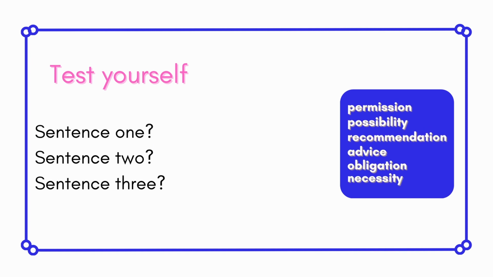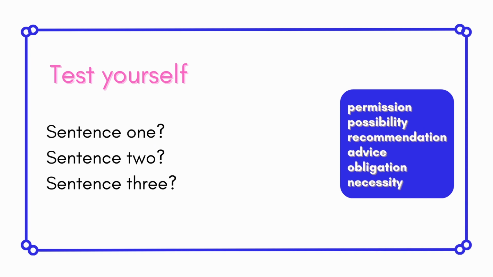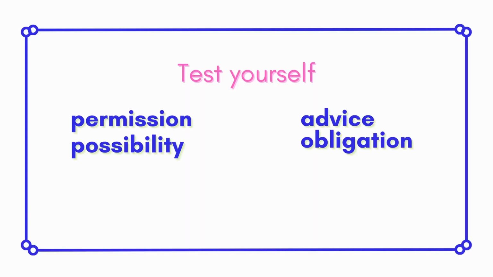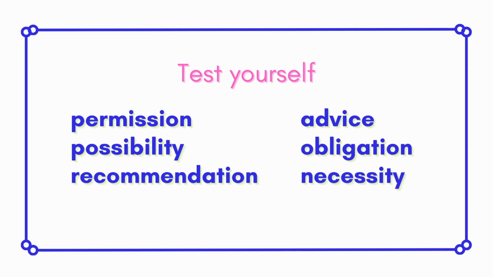Now for a little test. Look at these three sentences and decide to which ones we can apply these labels: permission, possibility, recommendation, advice, obligation, necessity. Additionally, you can use two labels in one single sentence and then use them again in another, if you wish.